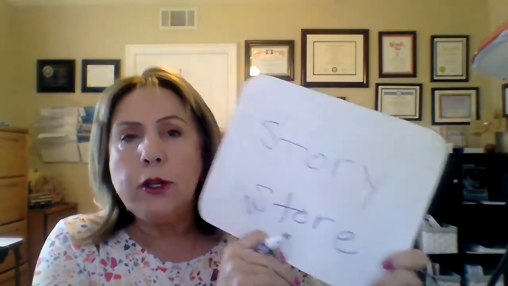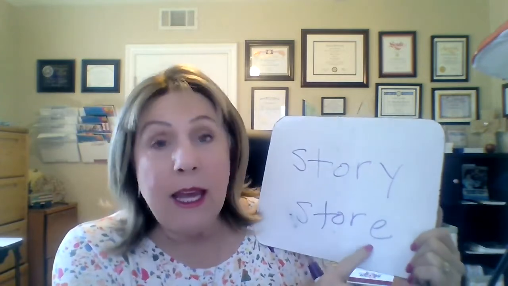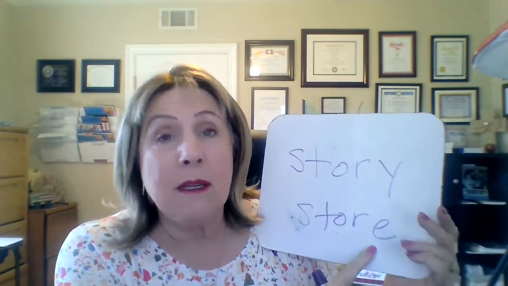Another one that was pretty tricky is the word story. So a student will want to say, I went to the story, and they'll want to put story because why? They see it at the end of a word, but they have to know that the E has many jobs.